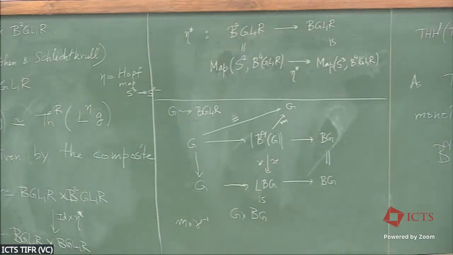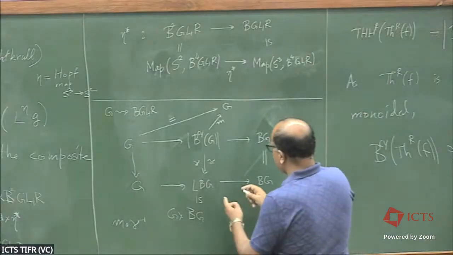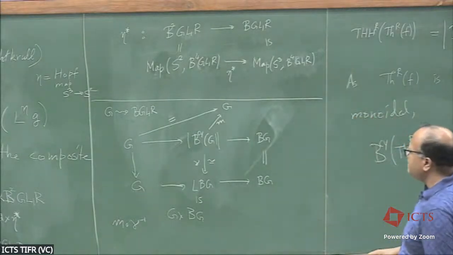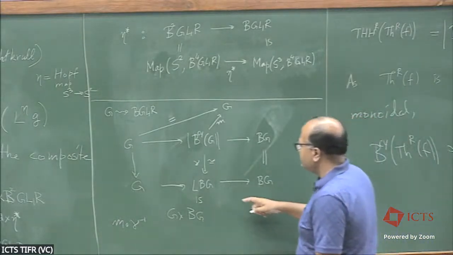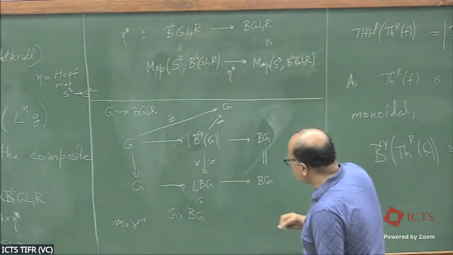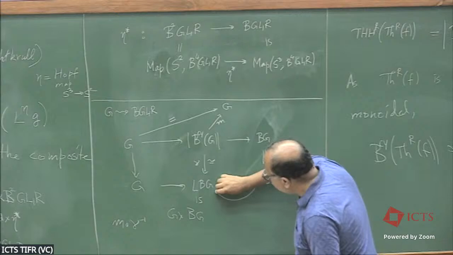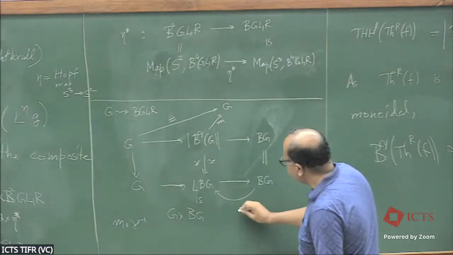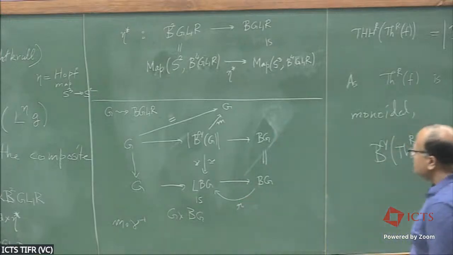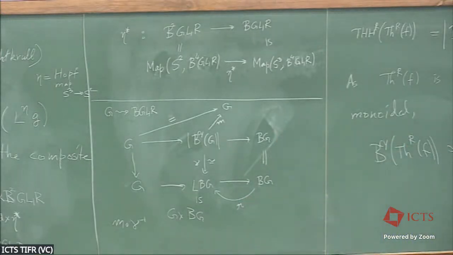Okay, so now there are some observations which you can make over here. In this case, G is an infinite loop space, and you see that all these maps are infinite loop maps. Also, there is this retraction by the constant loops R. So all these maps are actually maps of infinite loop spaces.